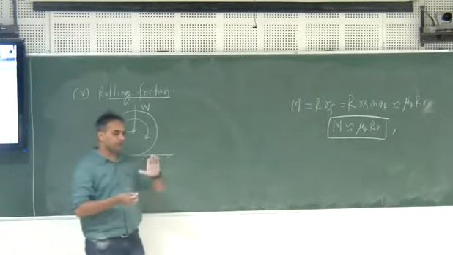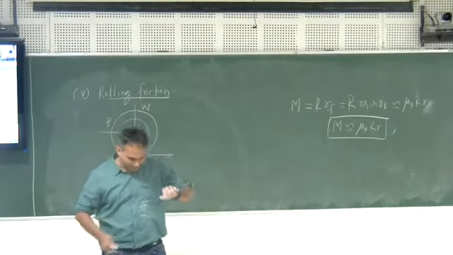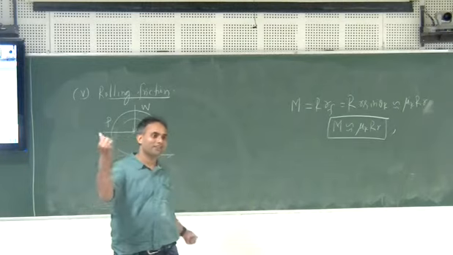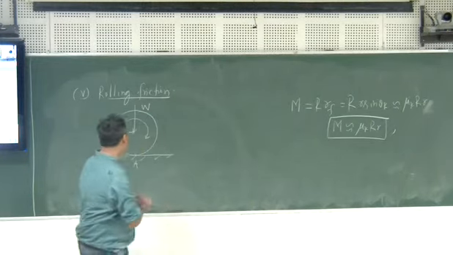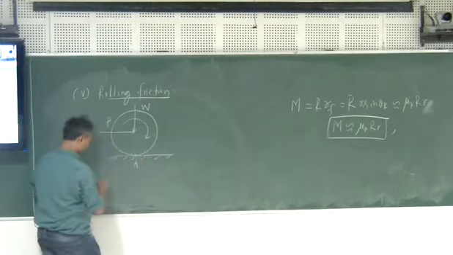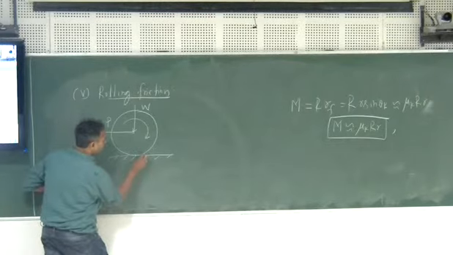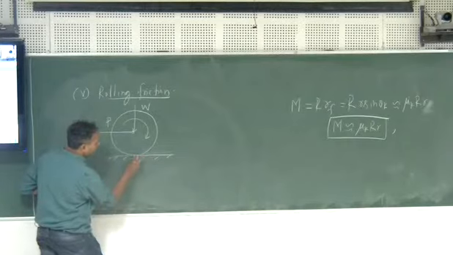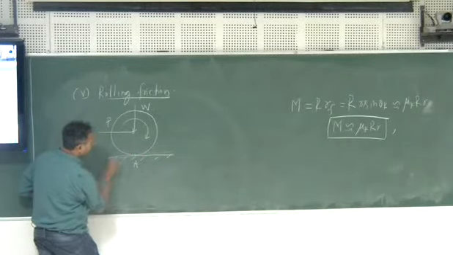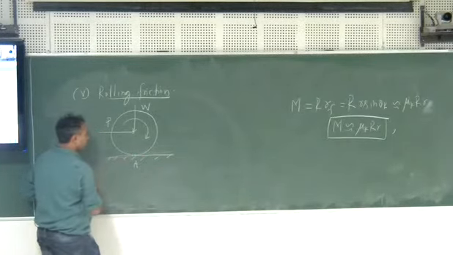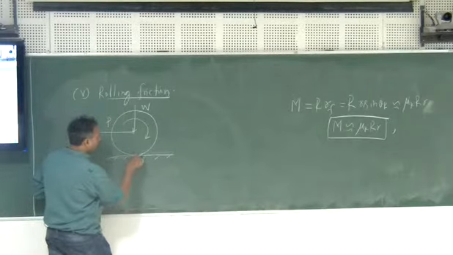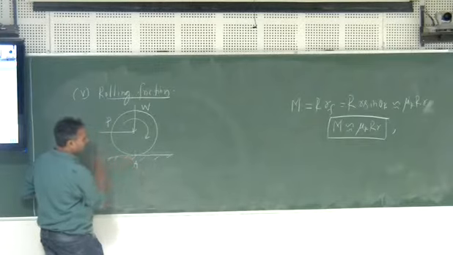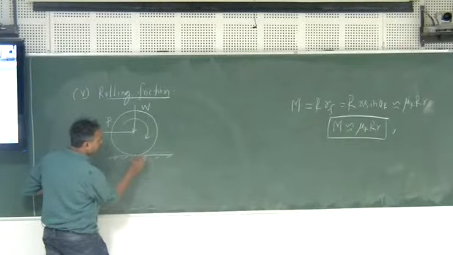So when you roll, the front portion will get deformed and the rear portion will lose the contact. So when this portion loses the contact, the pressure that develops here will be more pressure.